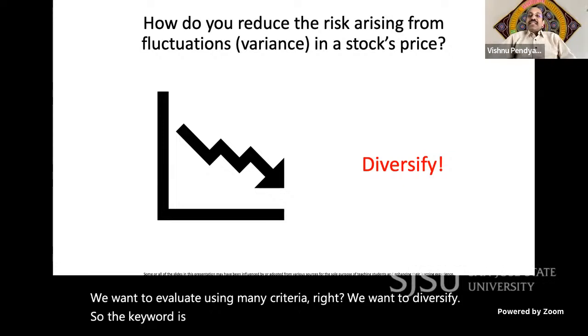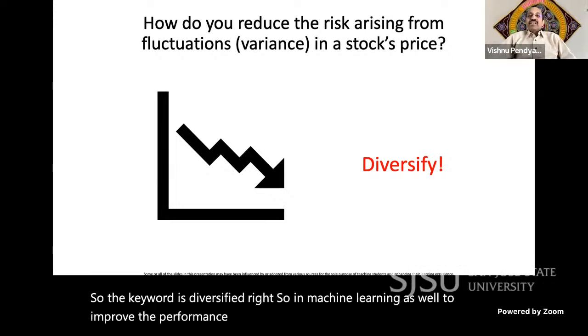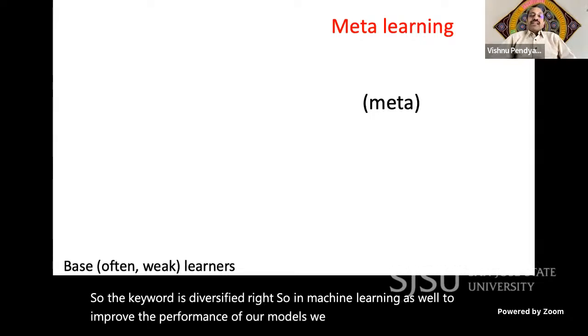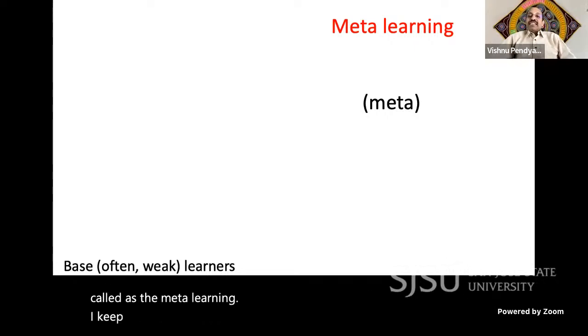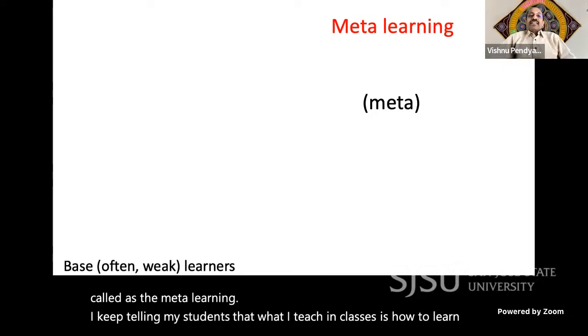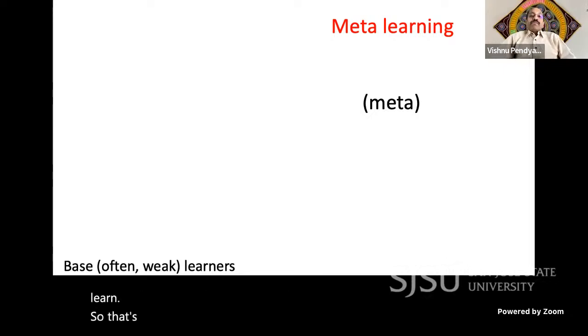In machine learning as well, to improve the performance of our models, we diversify and use what is called meta learning. I keep telling my students that what I teach in classes is how to learn to learn. So that's what happens in meta learning, right?